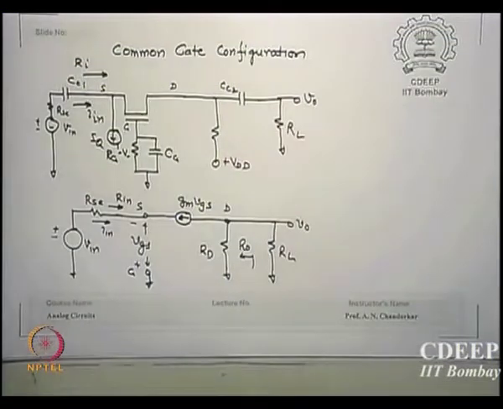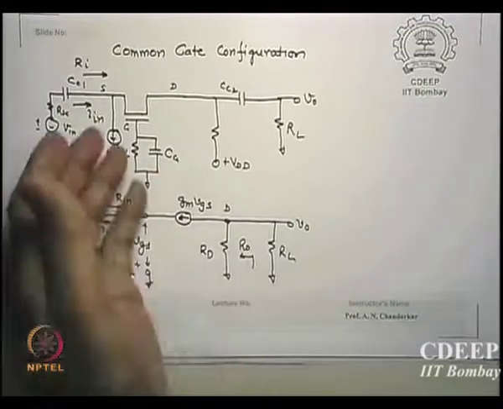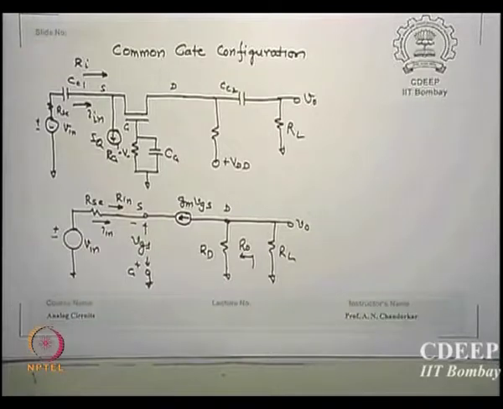Here is another last configuration we will do, which is common gate configuration. We have done common source, common drain, finally common gate. Without thinking too much, you just draw this circuit and think why someone should do common gate at all.